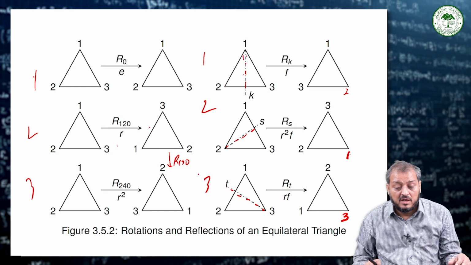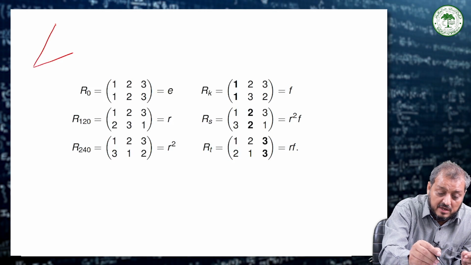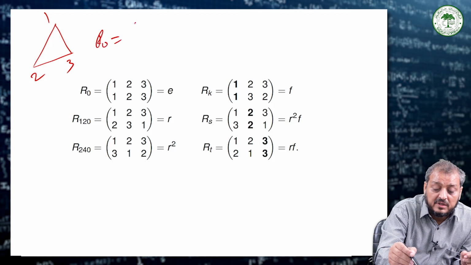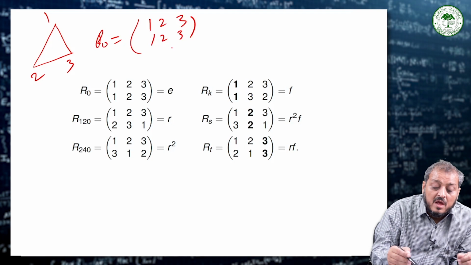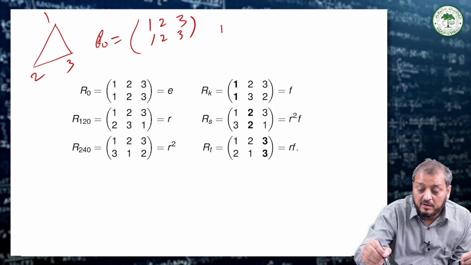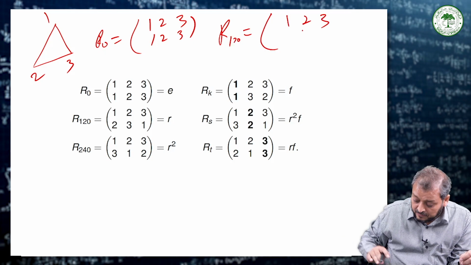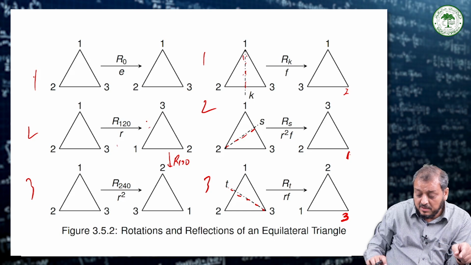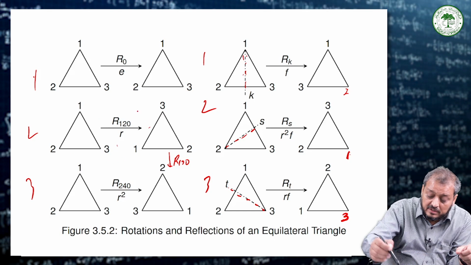Now let's write it in this form. R0 we have like this, 1 2 3. So R0 we simply say is 1 2 3 going to 1 2 3, and R120 we have 1 2 3, and now see 1 is rotated about the 3, so this is changing into this form.